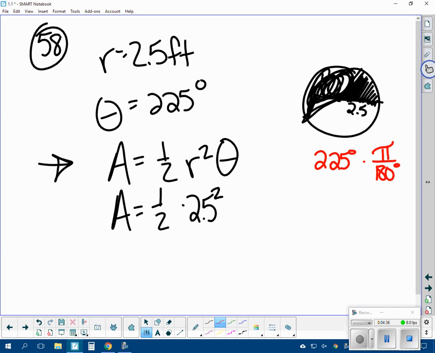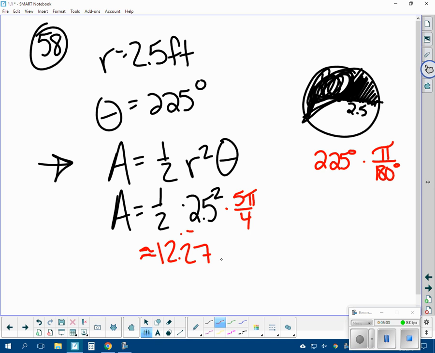So what does that give you in terms of radians? 5 pi over 4. And that would give you, when you calculate this, 12.27 approximately after you round.